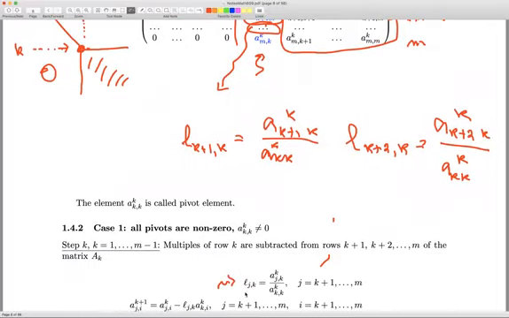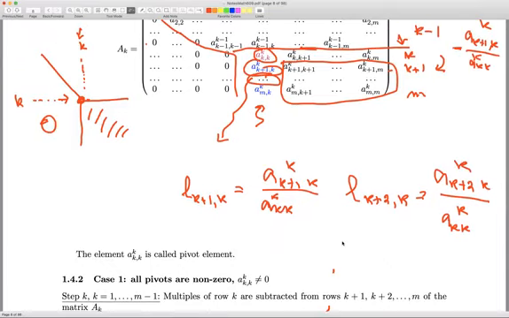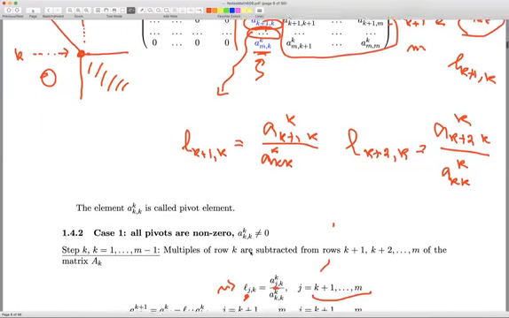It's just that here it is written in terms of the index j, and j runs from k plus 1 to m because it starts from this k plus 1 here and runs up to m. So we make these numbers, and these are exactly the numbers by which we multiply the kth row. You see here, this is exactly the number l k plus 1 k.